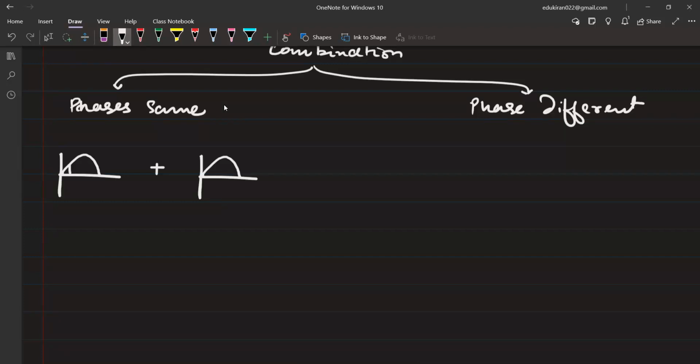This part is going to get added by this part. This part is going to get added by this part. This part is going to get added by this part. And this is going to get added with this part. Right? So each and every point will be added to this. And what we are going to get is double the length.